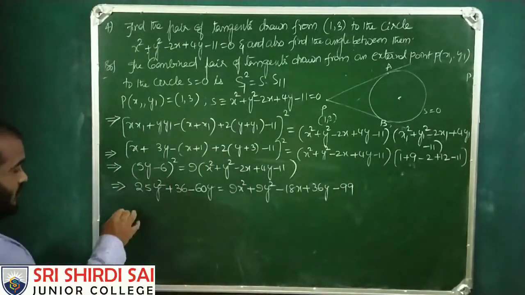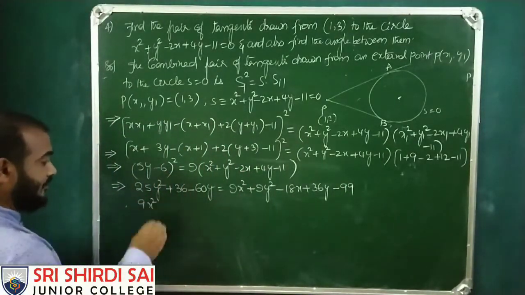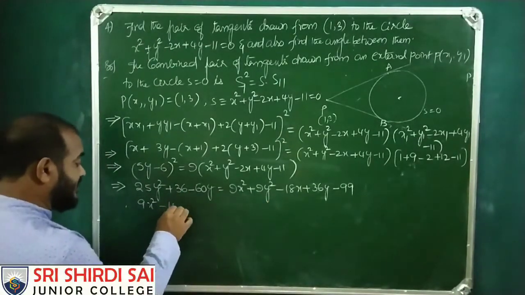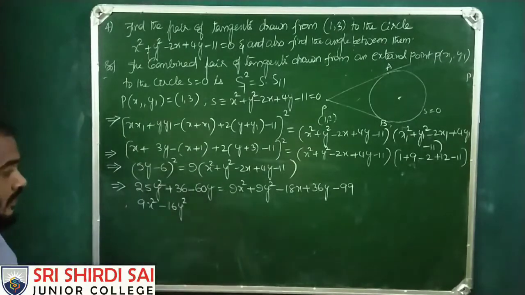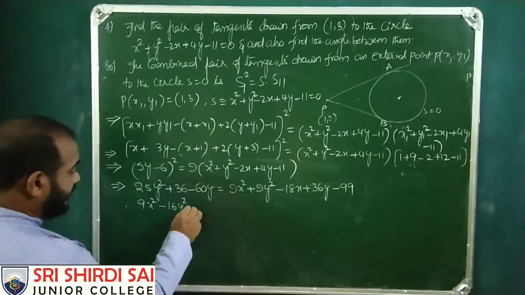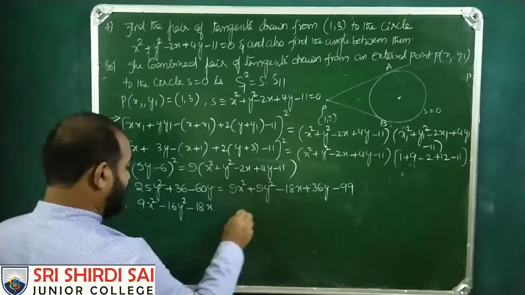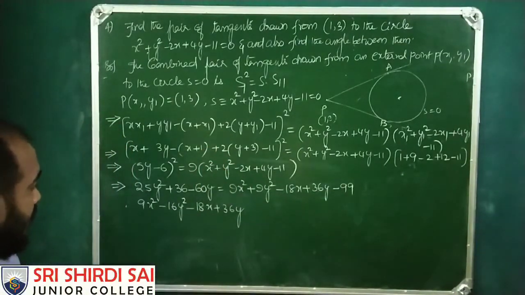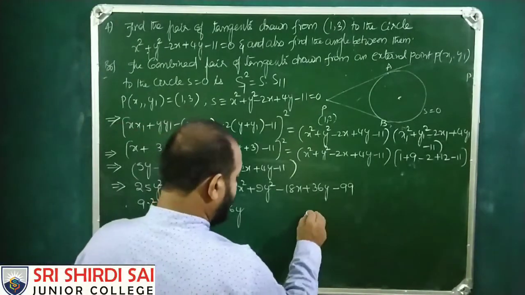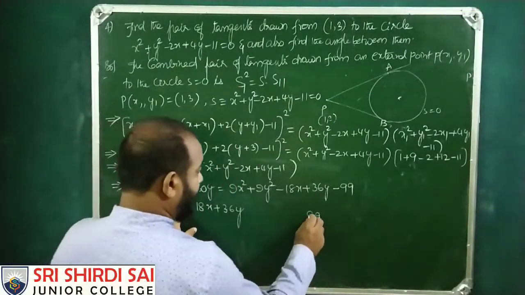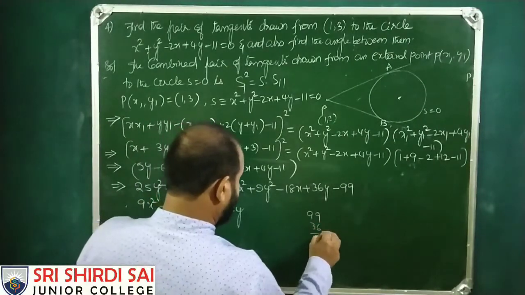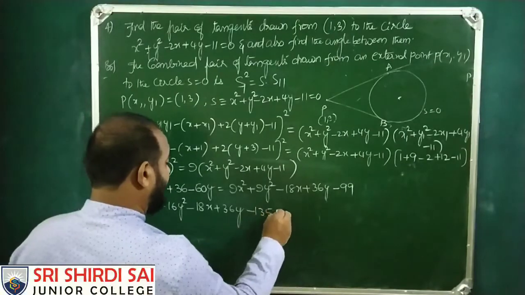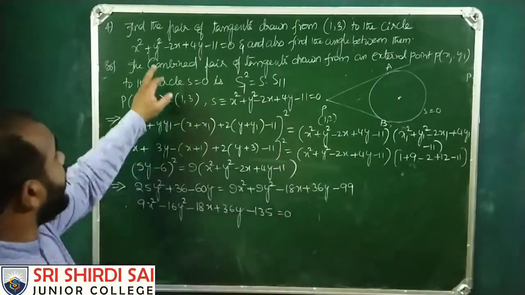So this is equals to 9x square, 9y square minus 25y square is minus 16y square. This is minus 18x plus 36y, minus 99 minus 36 is 135. So this is minus 135 is equals to 0, which is the required pair of tangents.